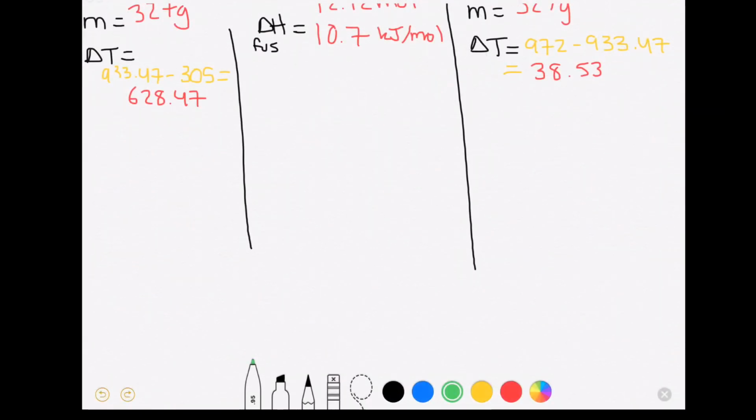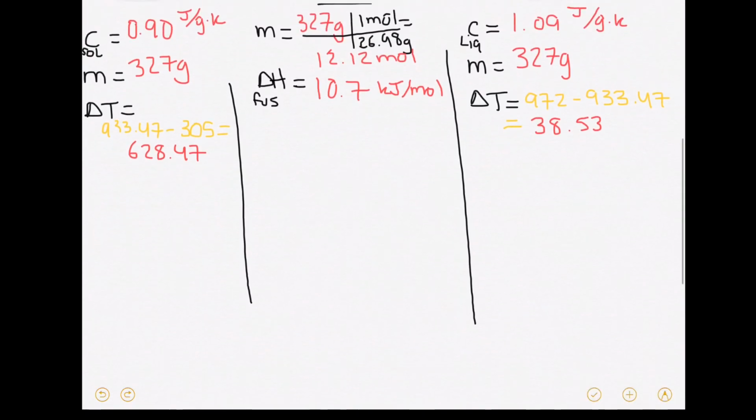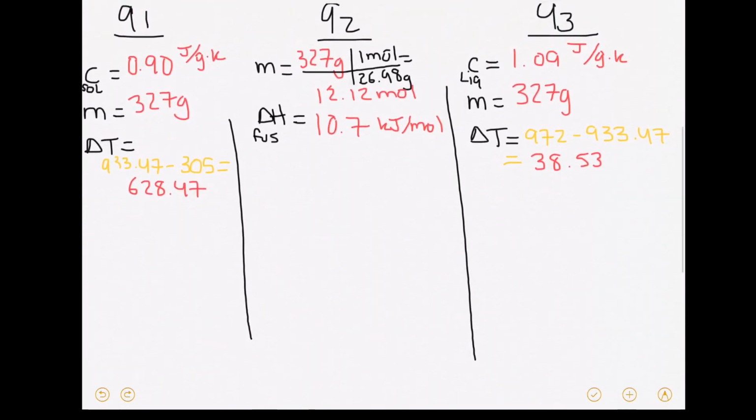Now that I have all of my pieces for each Q, I'm going to solve for each Q by multiplying its variables together. So I'm going to take my answers, my pieces for Q1, multiply those together.